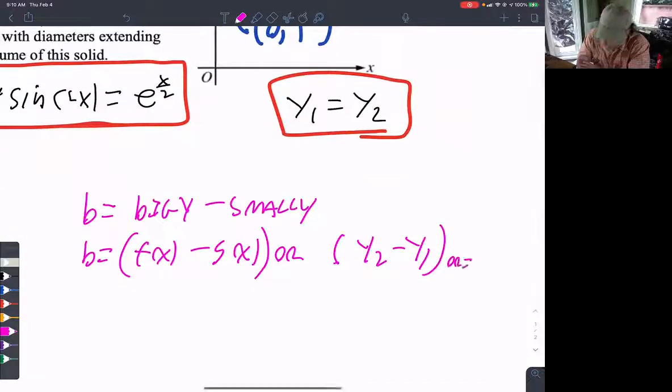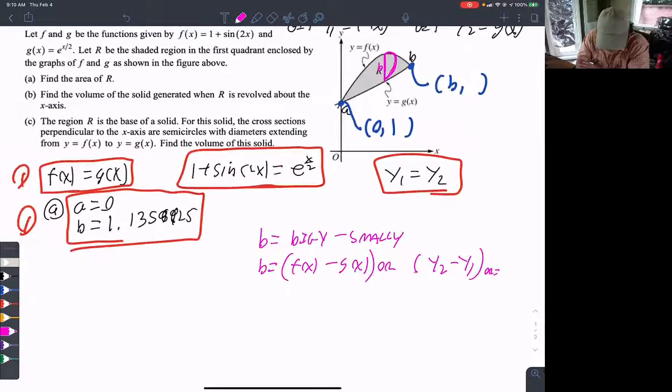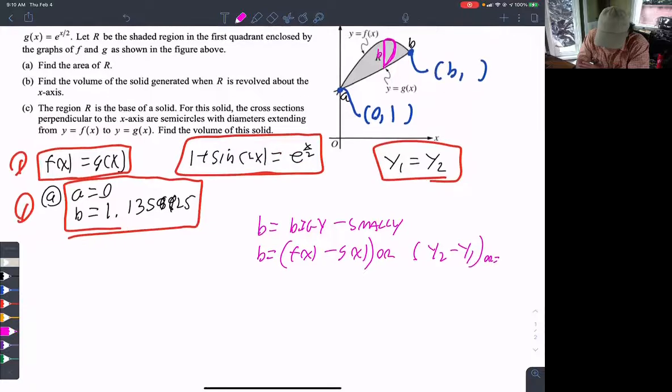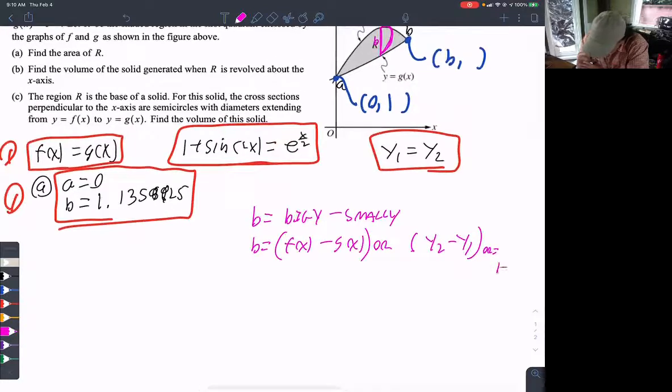Or you could have actually written the functions: 1 plus sine 2x minus e to the x over 2. So you could have written it out also. Any of those three gives you B.